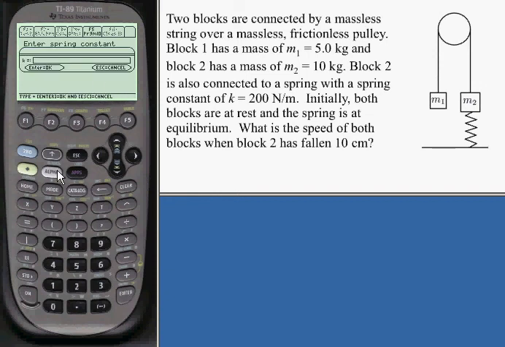Spring constant, alpha 200. And that's newton meters. Now, notice they trick you in problems. They give you newtons and centimeters, newtons and millimeters.